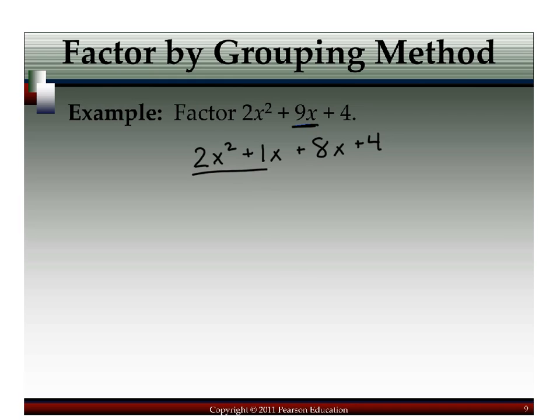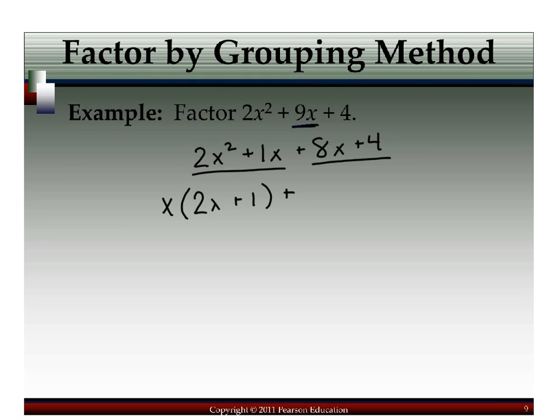Group together these first 2. Group together these last 2. The greatest common factor between the first 2 terms is just an x. And I'm left over from the first 2 terms with 2x plus 1.